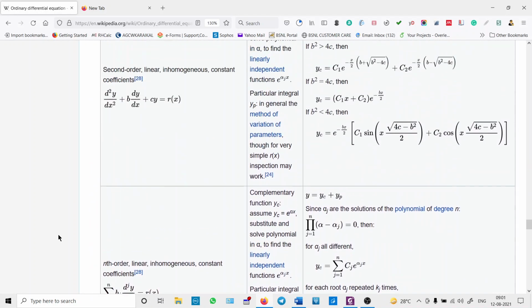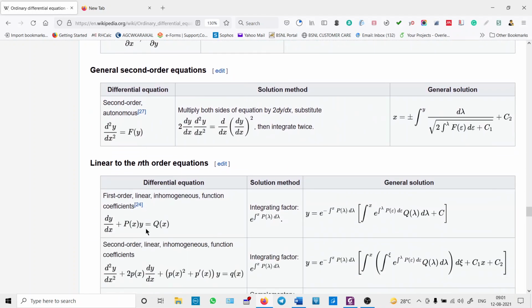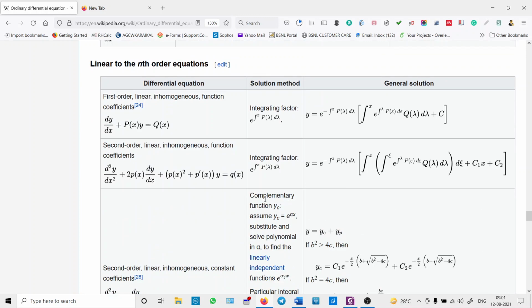So you can see here also what is the linear nth order equation. See the first order linear equation function is of this type. You might have studied these in your lower classes. And what is the integrating factor and what is the general solution. So already you have studied this one, dy by dx plus dy by dt.